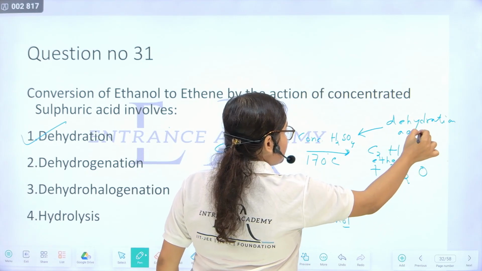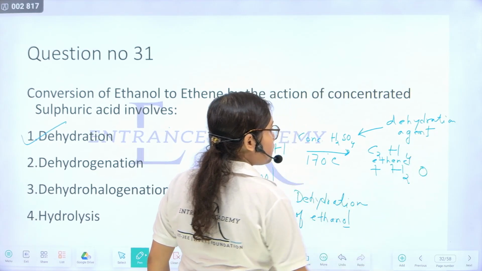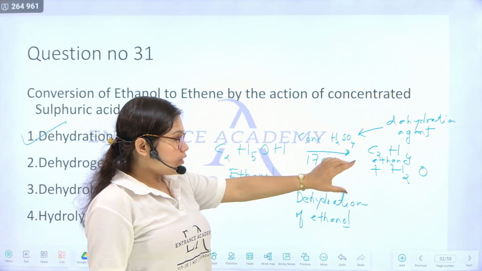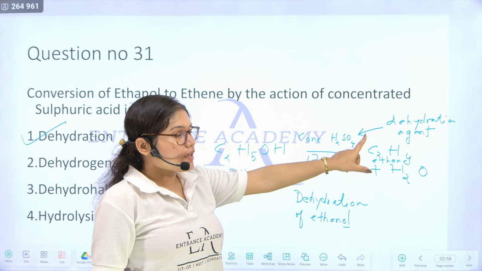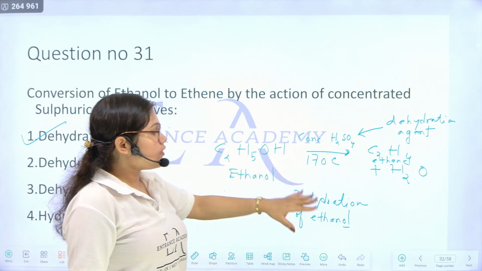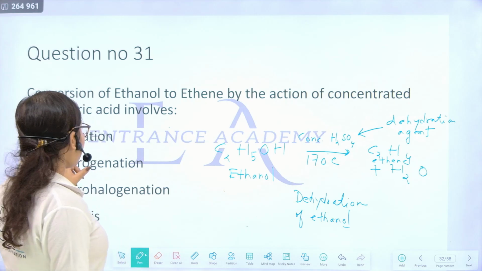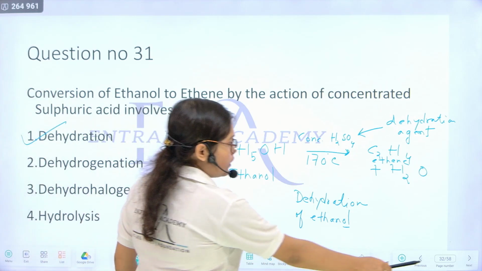This is one of the most important parts of organic, that is dehydrating agent. So in this reaction, concentrated sulfuric acid acts as a dehydrating agent and this reaction is a dehydration of ethanol. So the correct option is dehydration, first one.